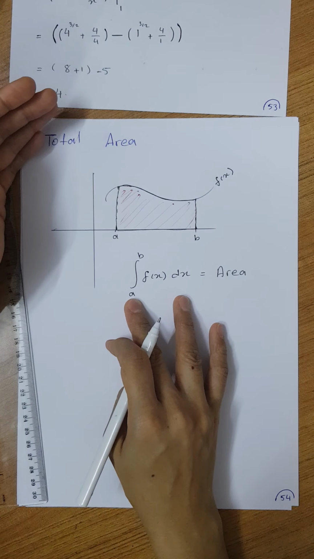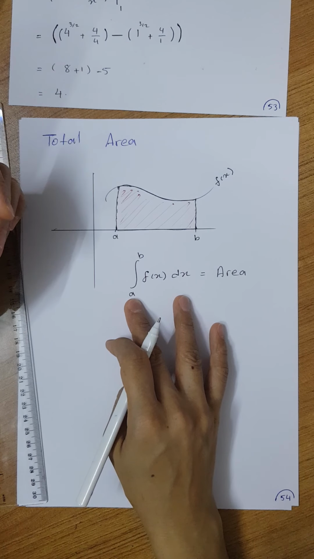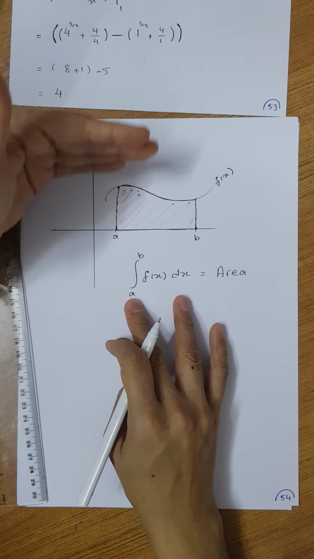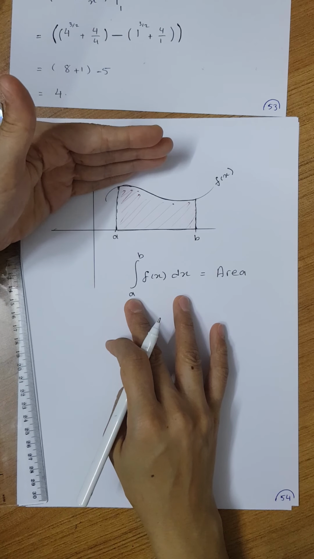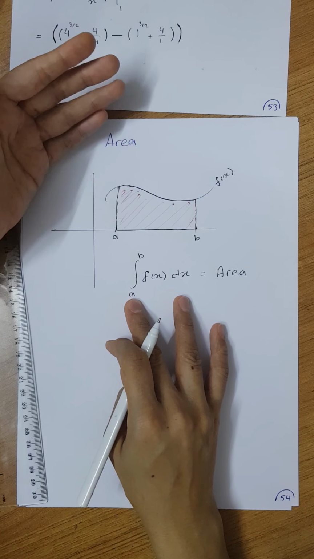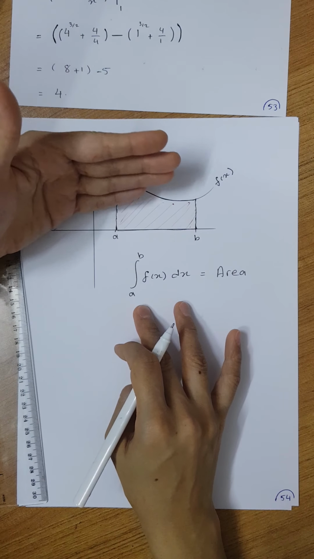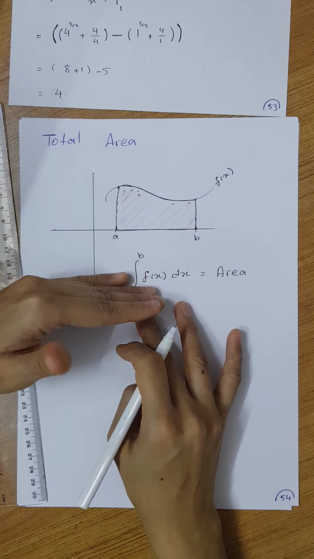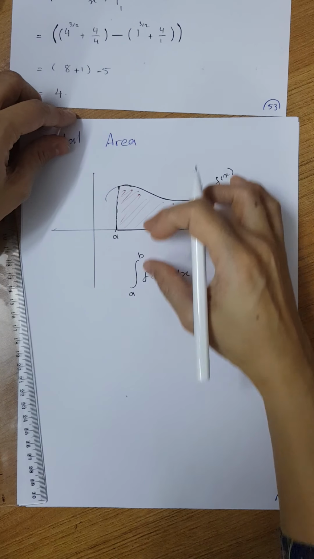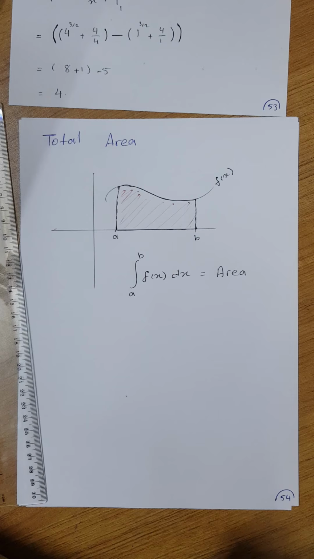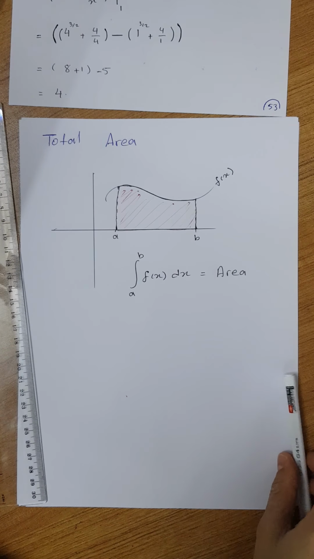If I get a positive number while calculating the integration, that means the function that I have got is above the x-axis. And if I find the result of that integration has a negative sign, that means that graph is below the x-axis. Instead of having it here, it will be here. So let's do example 6.